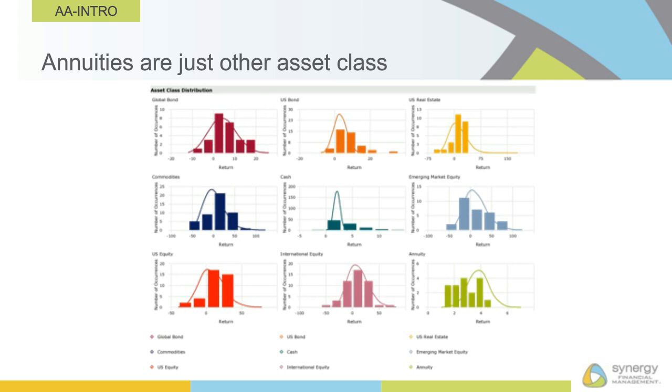If we go to the bottom right, what do we see? We see the annuity, and we found that it's bound by 0, and that every other asset class isn't bound by 0. That really works well for our statistical properties when we do the optimization because it fits well with the shapes of these other distributions.